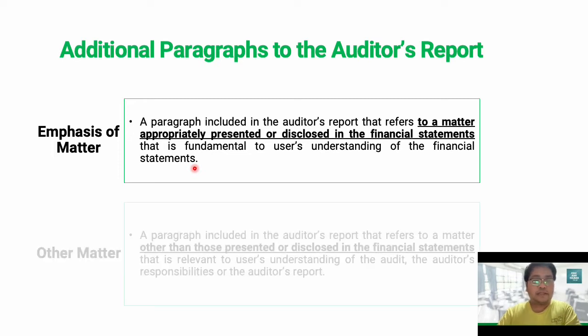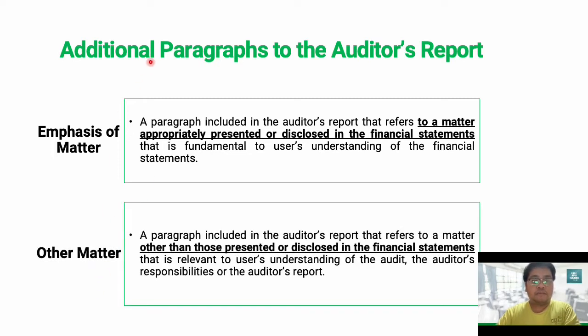In contrast, the other matter paragraph, another type of additional paragraph to the auditor's report, is a paragraph that we include that refers to a matter other than those presented or disclosed in the financial statements, but relevant to the user's understanding of the audit, the auditor's responsibilities, or the auditor's report.